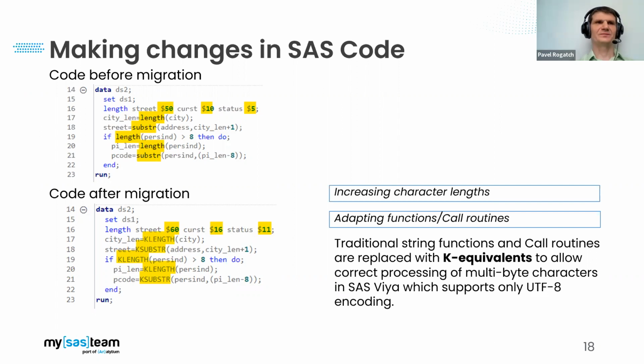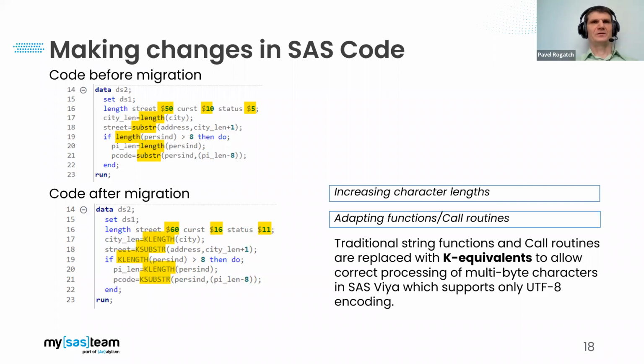So using traditional string functions in UTF-8 could cause truncation or unpredicted results, because these functions assume that the size of a character is 1 byte only, and the specified position is always the byte position. This is true with a single-byte character set, but in SAS Viya some characters may occupy more than 1 byte, and these functions may not work properly.